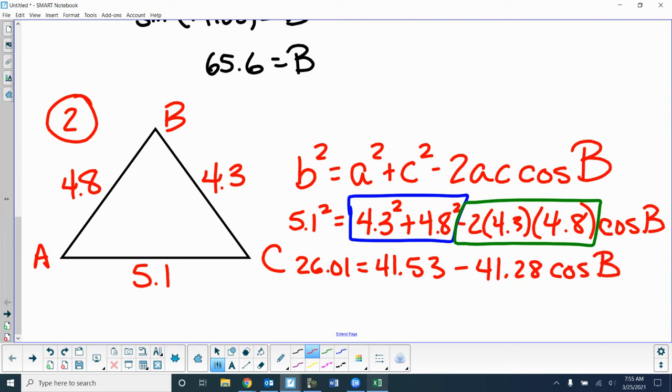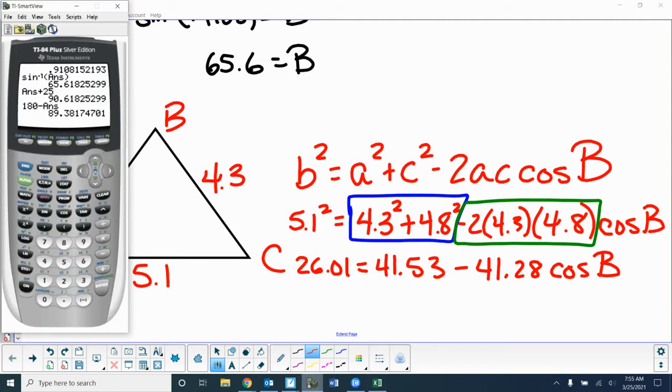Okay? So here's what I do in my calculator on this type of problem. I do the 4.3 squared plus the 4.8 squared. There's that 41.53. Then I take the 5.1 squared and I subtract that answer because I know I'm bringing it to that side.